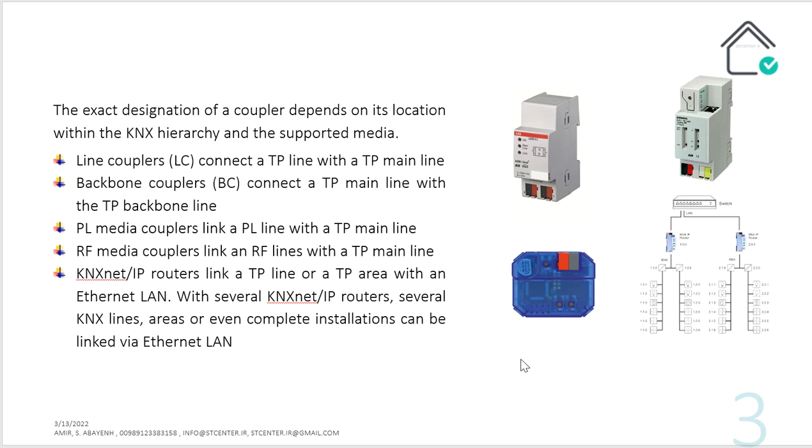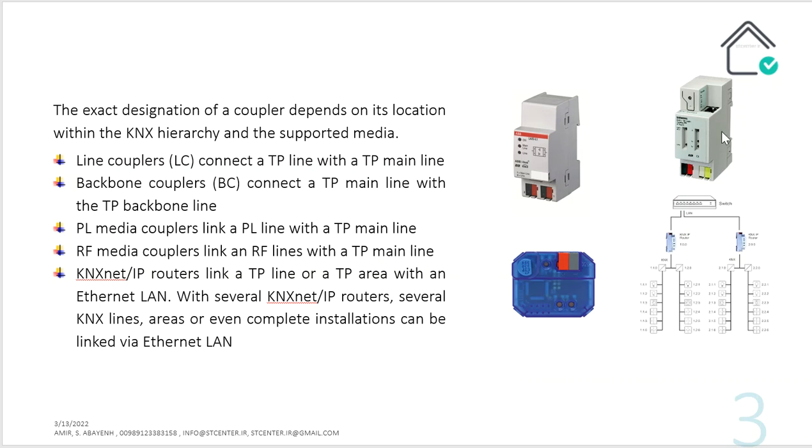Of course, in ETS 6 with the new devices that are coming soon, you can use the segment coupler and connect the devices to the same line. But currently, if you want to add the RF line, you should make a new line with the RF coupler, or radio frequency coupler, and link it.